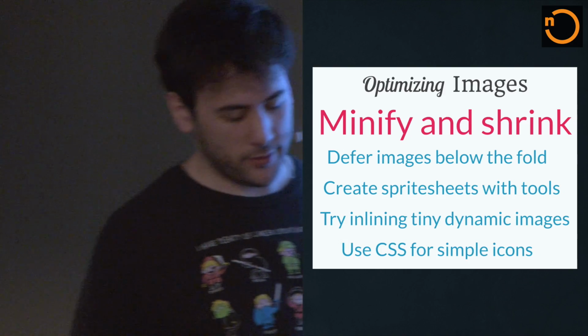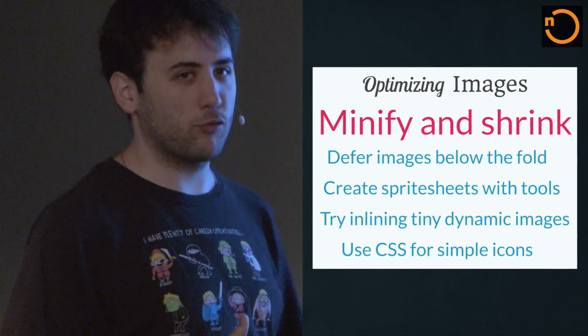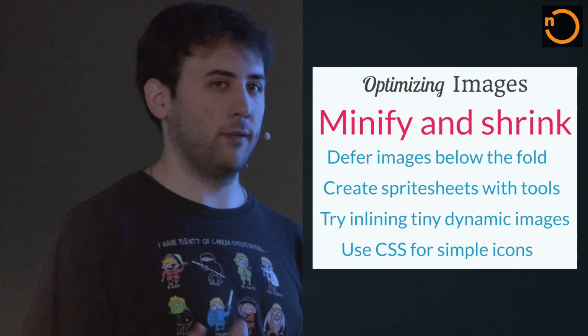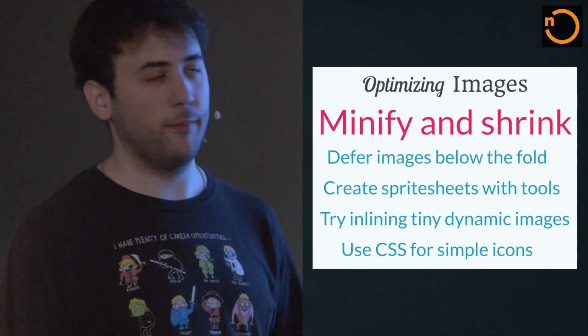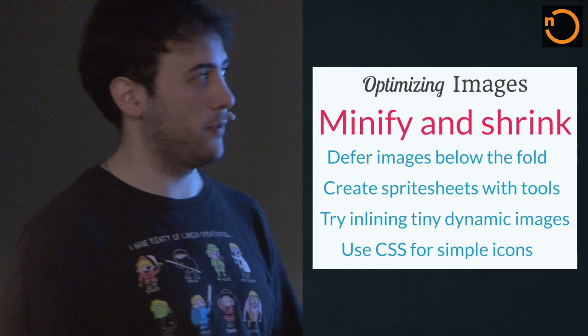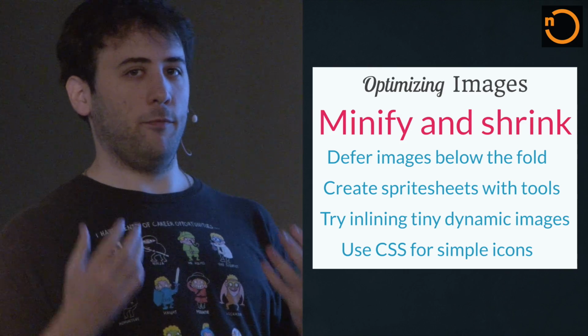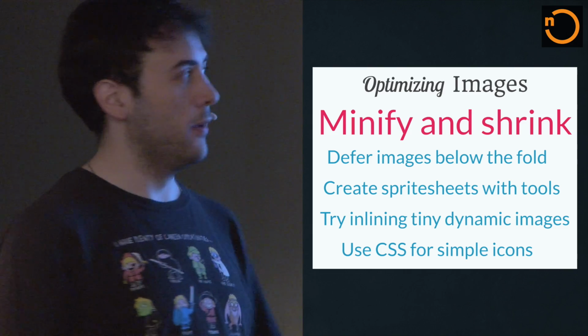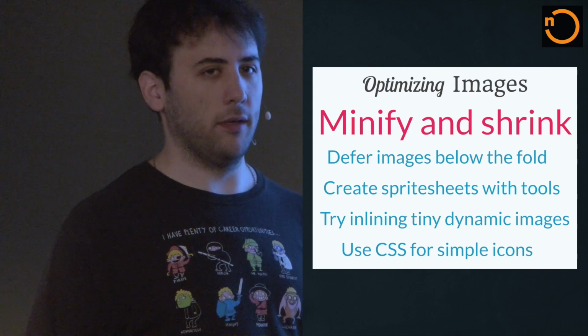When it comes to images, we should be minifying and shrinking them. And this means not just running a lossless compression over them, but also, if you have user-uploaded images and things like that, they tend to be freaking huge. Like if you take a screenshot on any Mac, it's going to be ridiculous.